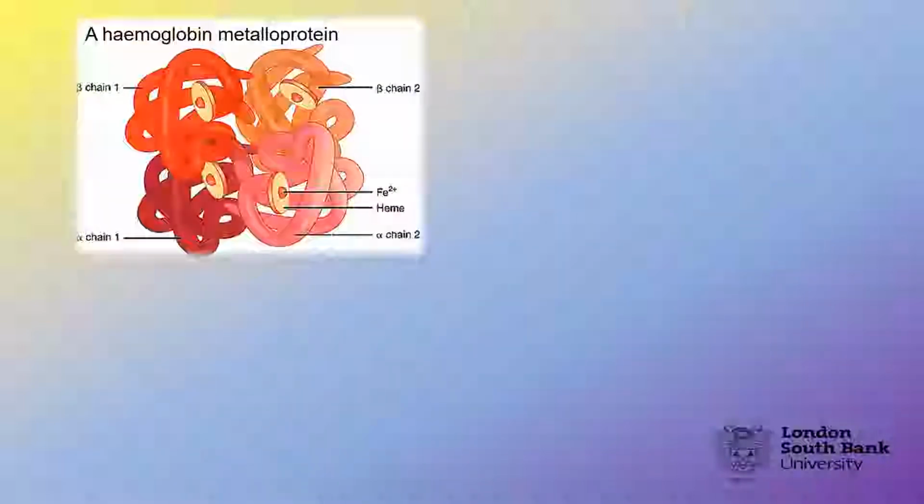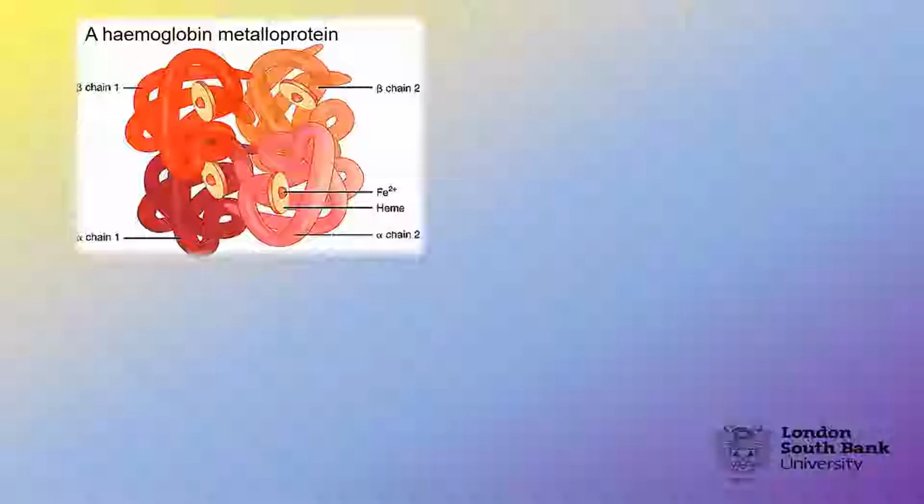So let's look at that structure again. So here's a hemoglobin, or a hemoglobin metalloprotein. You notice you've got 4 different chains. 2 of them are alpha, 2 of them are beta. But that's not really that significant for us at this stage. What you will notice is that there is also a heme group per chain.